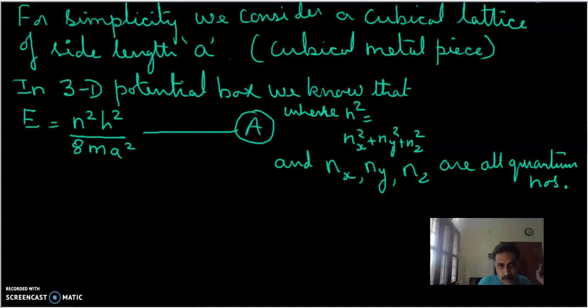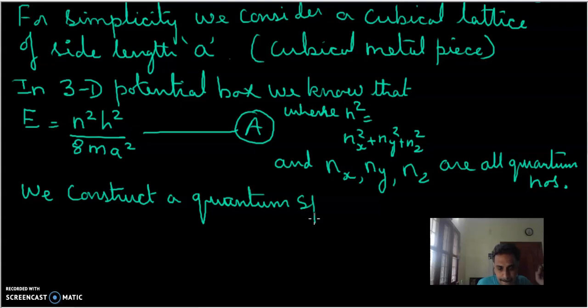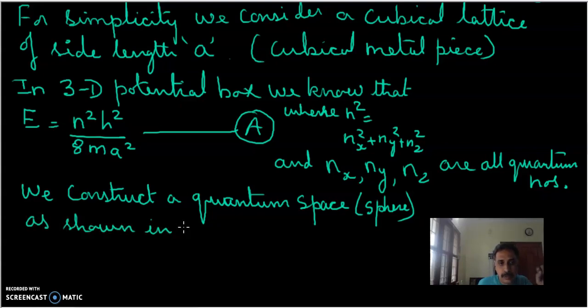We construct a quantum space. Now we construct an imaginary quantum space that is a sphere, as shown in the diagram.